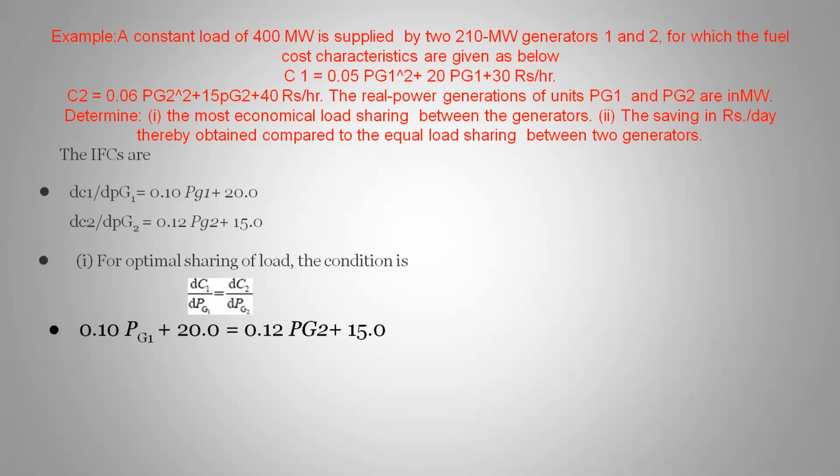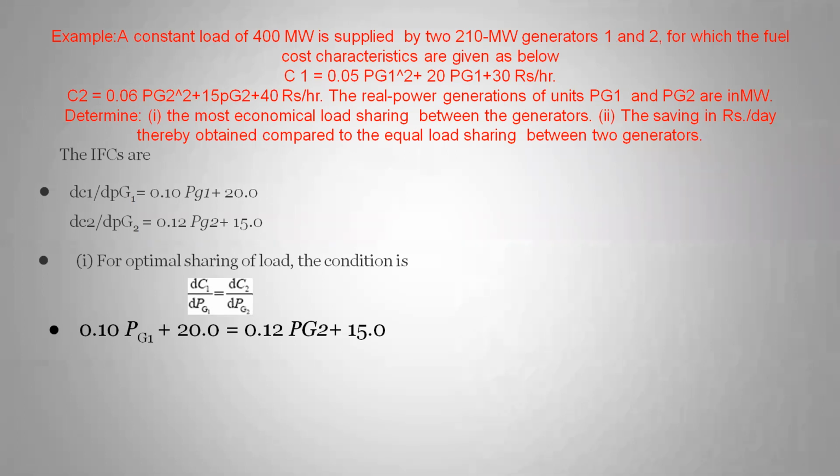So listen once. A constant load of 400 megawatt is supplied by two 200 megawatt generators 1 and 2.